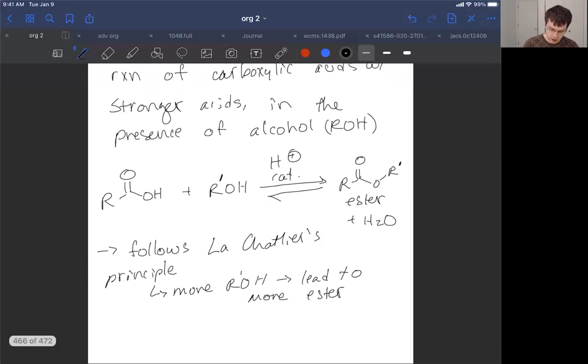And if you have more water, that's going to give more of the carboxylic acid.